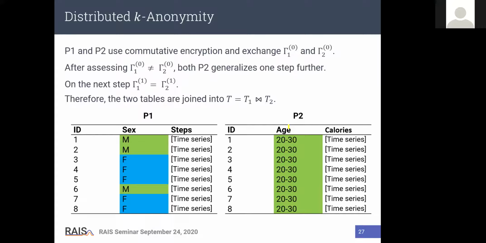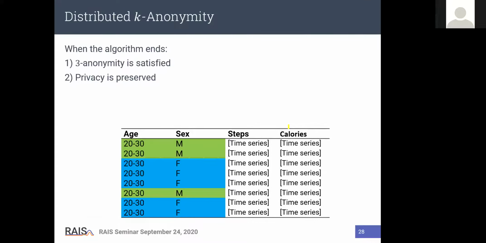And notice that in the end, they perform an inner join of their respective tables, and they haven't basically disclosed any information to each other. So we have reached the k-anonymity.